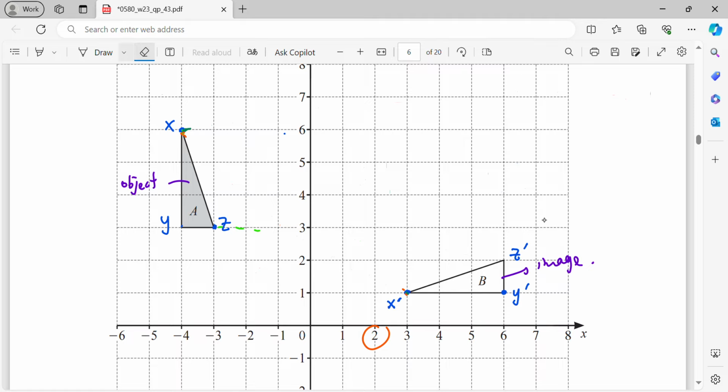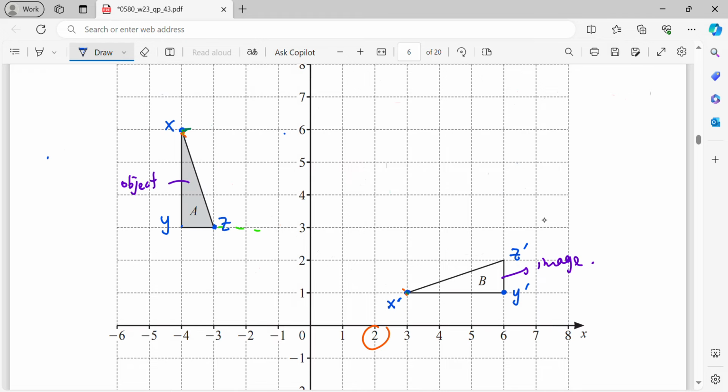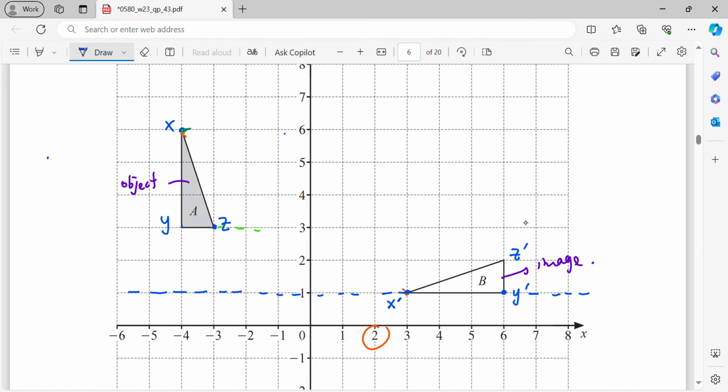You draw a dotted line, y equals 1, which is here. Now you need to reflect. Draw the image of triangle A. Your A is the object, and you need to get the image of A when there is a reflection in the line y equals 1. So your A is over here.